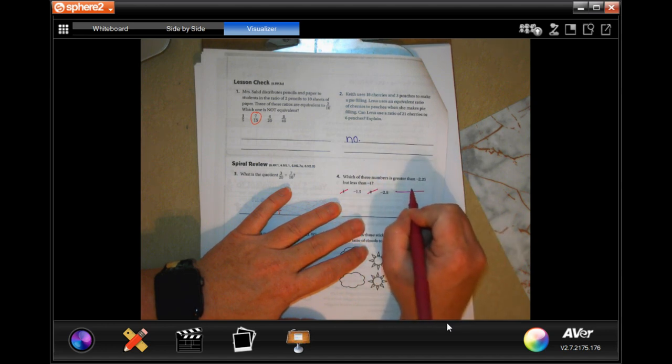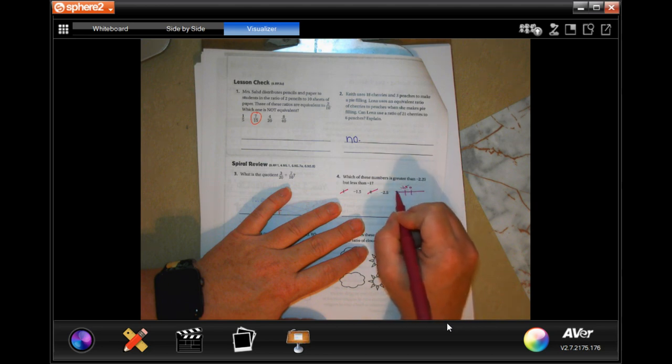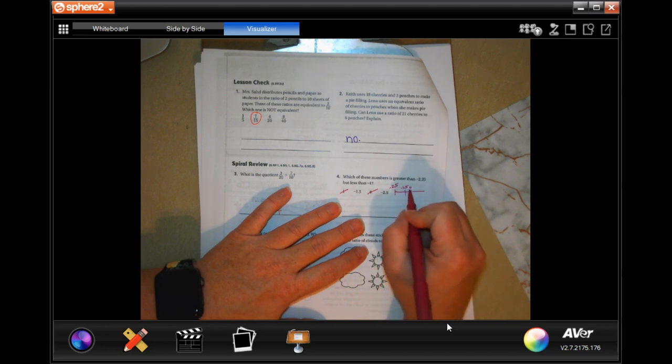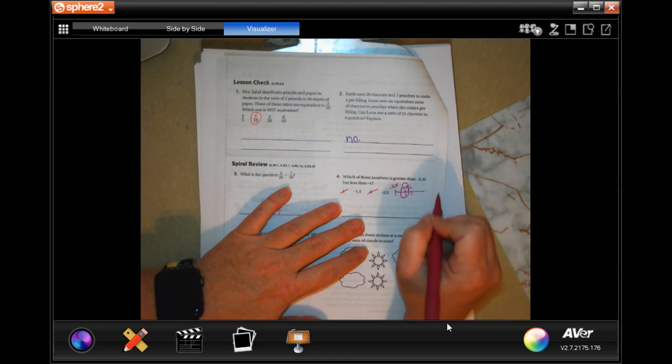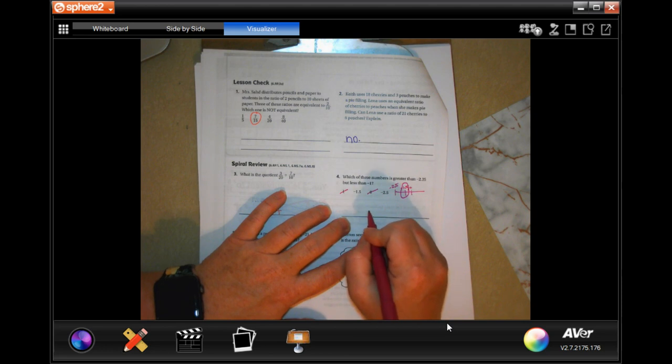There's negative 1.5 and negative 2.5. Greater than means closer to 0, and it's still less than negative 1.